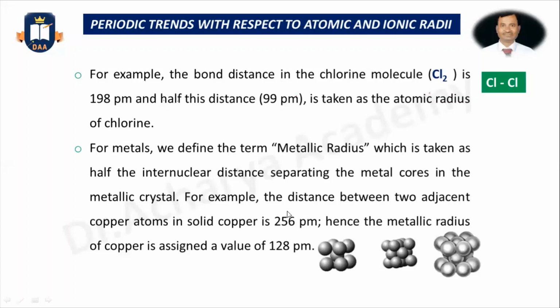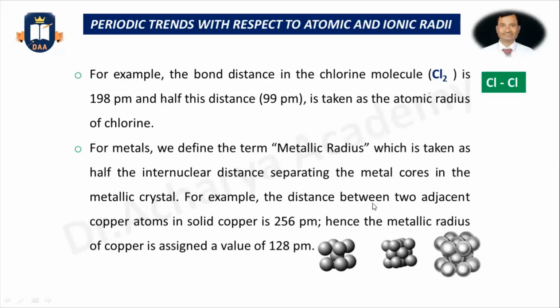So what is the internuclear distance? Here the nucleus is there for this copper atom, and there is a nucleus for this copper atom too. This internuclear distance divided by 2 will be the metallic radius.